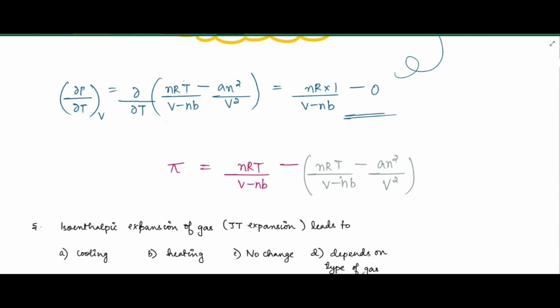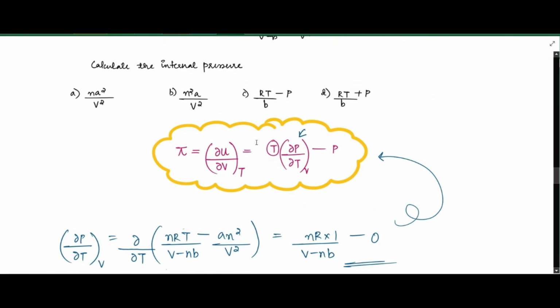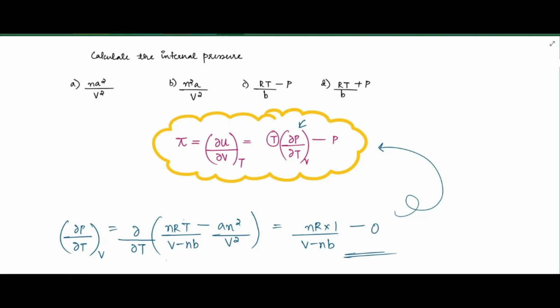Already the question gives it, right? So taking the minus inside and cancelling, nRT by (V minus nb) and nRT by (V minus nb) cancel, and the final answer that you have is an² by V². an² by V², option B. Option B.